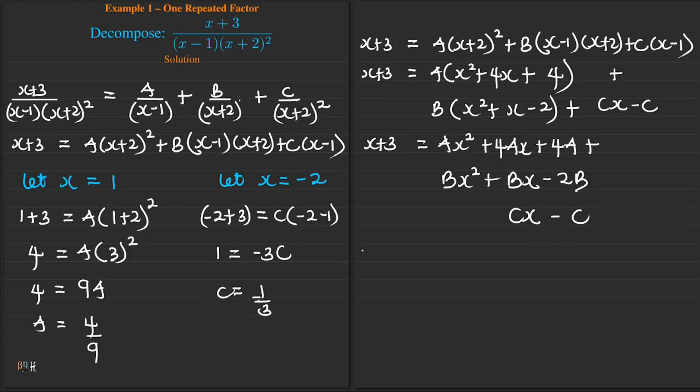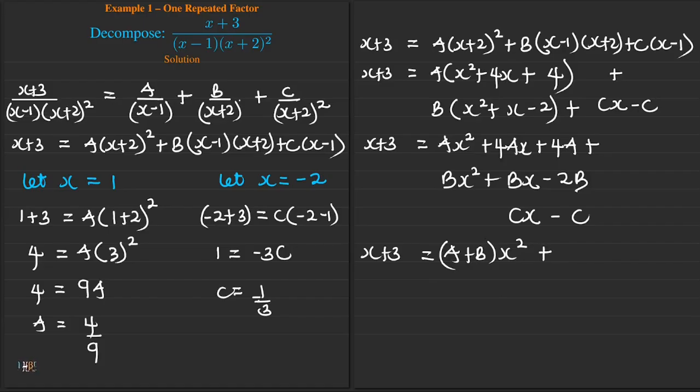If you group them all, we have x plus 3 equal to a plus b, which form the x squared. So we have a plus b times x squared. And at this stage, you can even stop and solve for your b, because you can develop an equation in terms of b here. But let me take time to explain it all.